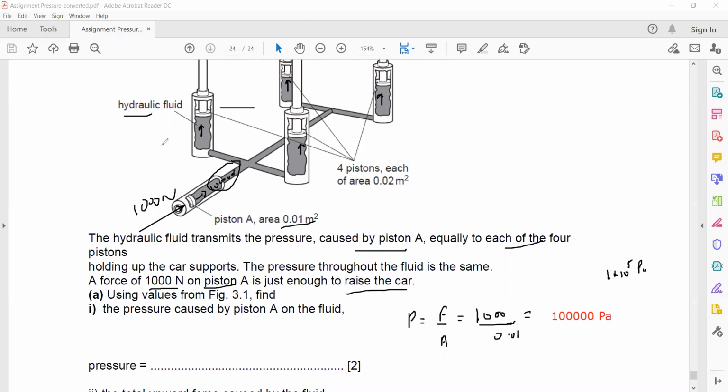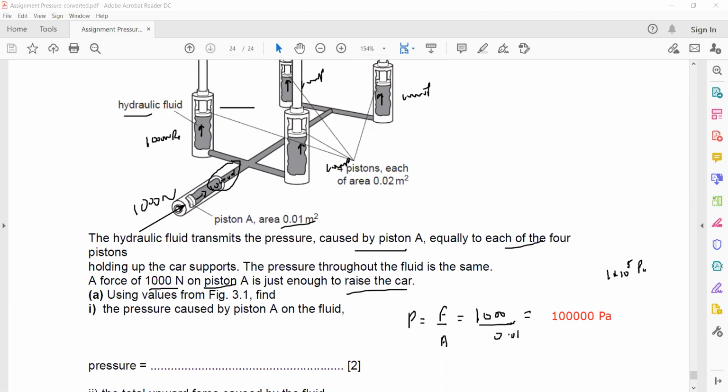According to Pascal principle, an equal amount of pressure is applied. So the pressure will be 100,000 Pascal, 100,000 Pascal, 100,000 Pascal, and 100,000 Pascal. Not divided by 4, it will be equal.